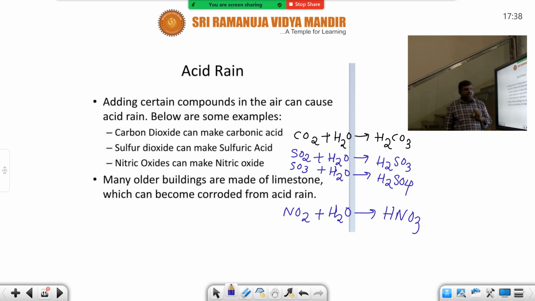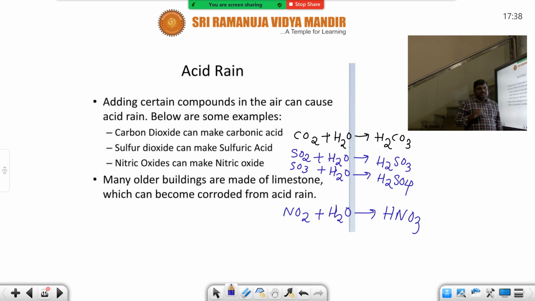Calcium carbonate is also called limestone or marble. CaCO3 reacts with these acids and is damaged, corroded by acid rain. These acids are corrosive: HNO3, H2SO4, strong acids, H2SO3, and so on.